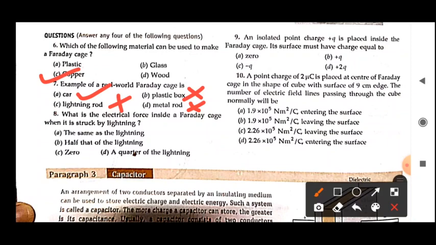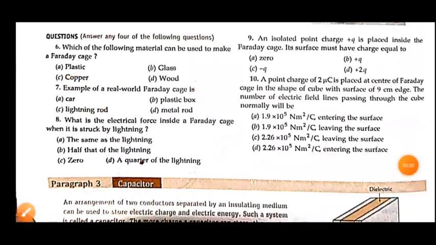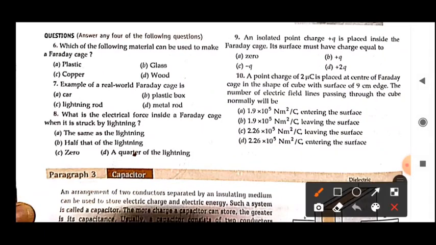So if the electric field is zero inside the Faraday cage, the force should obviously be zero here, because if there were some force inside, it would mean there are some charges, and whenever there is charge, there will be an electric field, and that will not be the concept of a Faraday cage. So that's why this option should be correct.